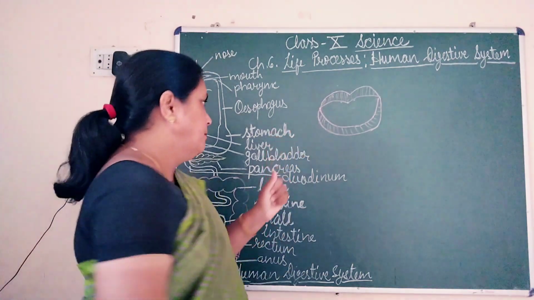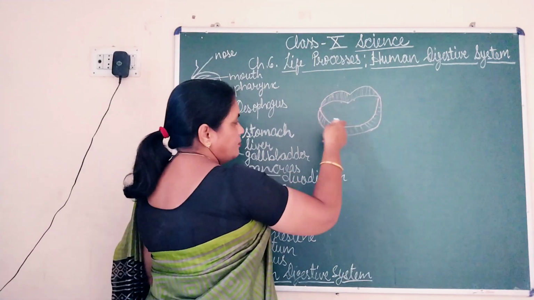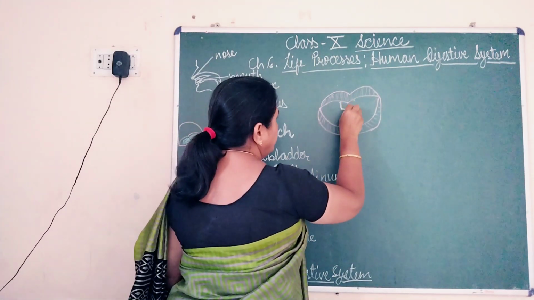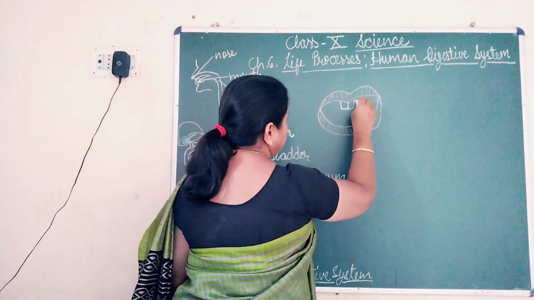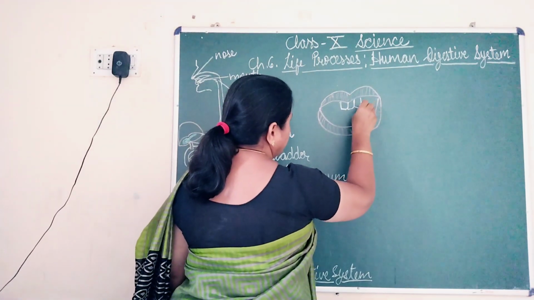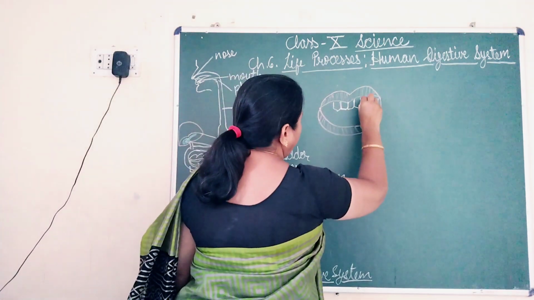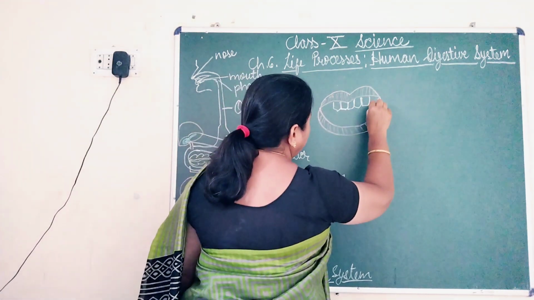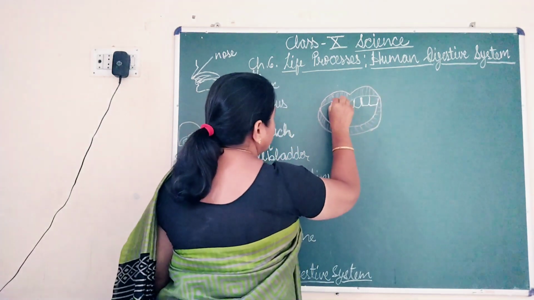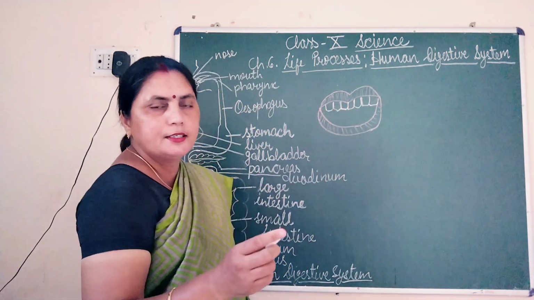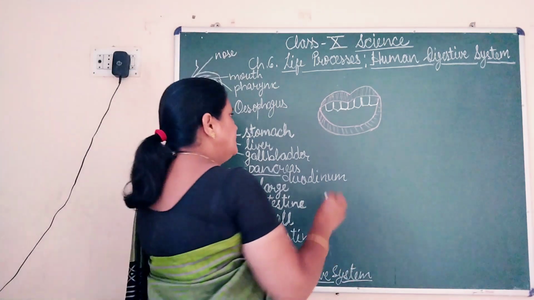So first of all, the mouth. The mouth is surrounded with two lips, and then inside there are teeth. So here these are the teeth, and teeth are embedded in, or fixed in, jaw bones. This part where the teeth are fixed is called the jaws.